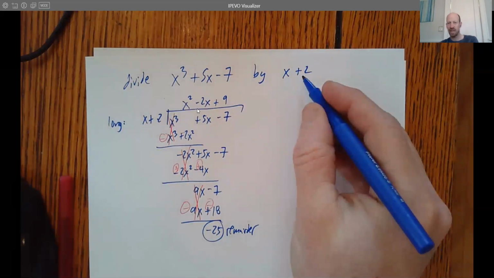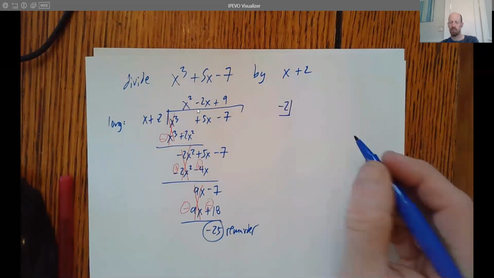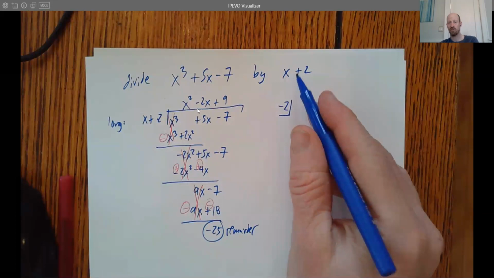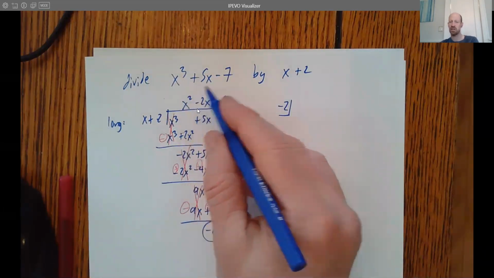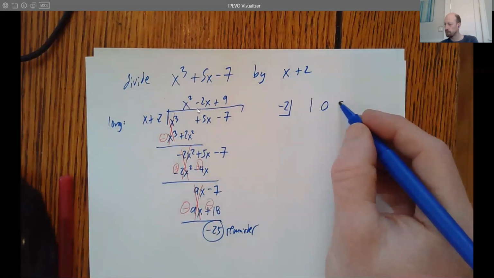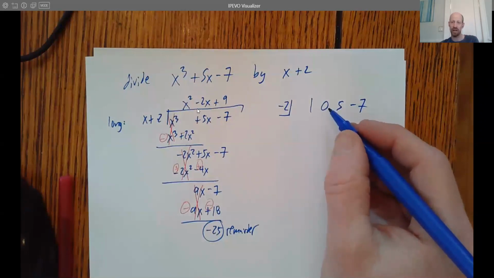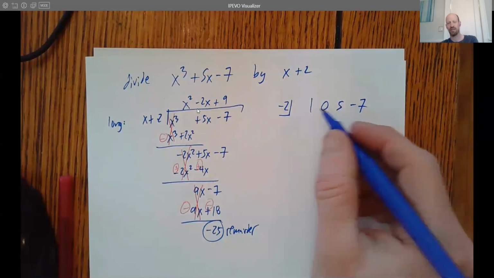If I were doing it by synthetic division, we put the opposite of this number here. If it was minus 2, it'd be plus 2. If it's plus 2, it's minus 2. Then I list just the coefficients here. Like the last one, it's missing an x squared. They're not always like that. Sometimes they're missing an x, sometimes they have all the terms.